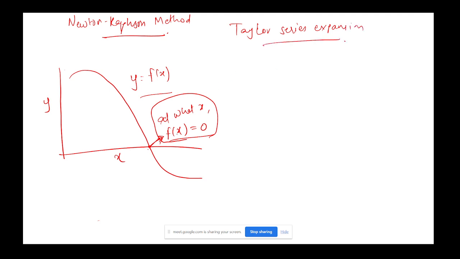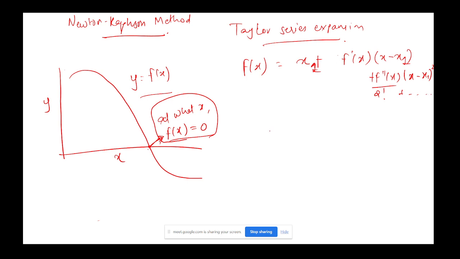Near this point, if you want to find out the function f of x, what will it be? f of x will be nothing but f of x1 plus f dash x1 times x minus x1, where x1 is the earlier, previous point, plus f double dash x1 upon 2 factorial times x minus x1 square, and so on.